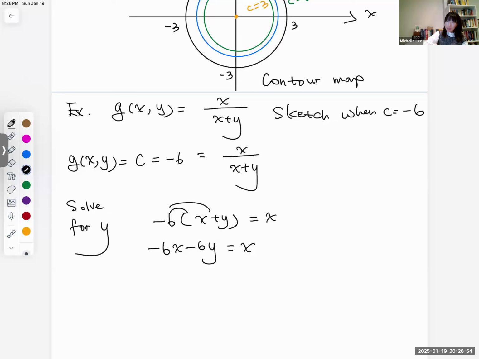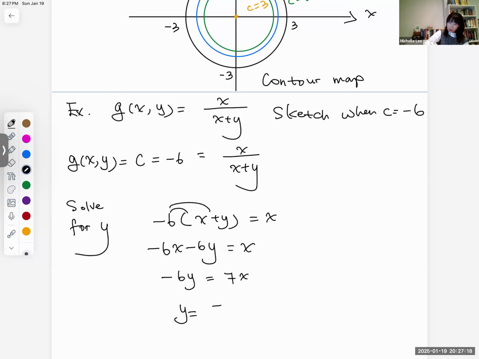Then we have -6y equal to... Hold on one second. -6x moves over as a positive 6x, so it's 7x, right?